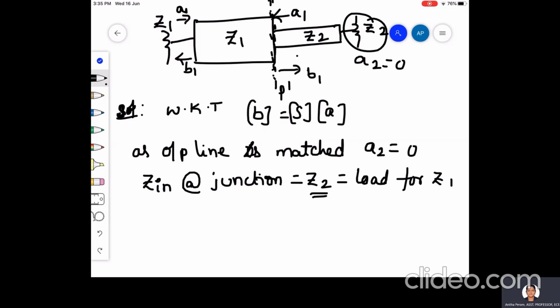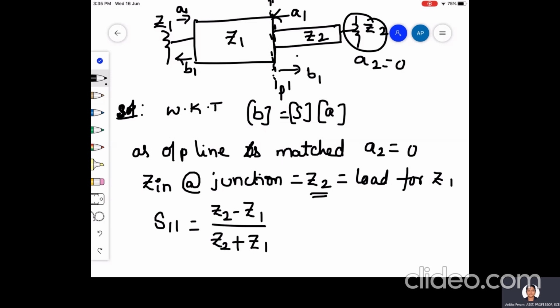So now we can define the reflection coefficient S11 at the input side. The reflection coefficient is ZL minus Z0 by ZL plus Z0. ZL is the load for Z1, which is Z2, and Z0 is the characteristic impedance of the first line, which is Z1, divided by Z2 plus Z1.